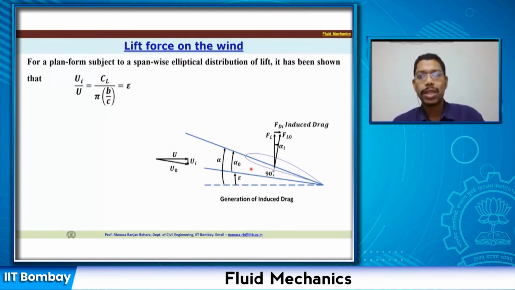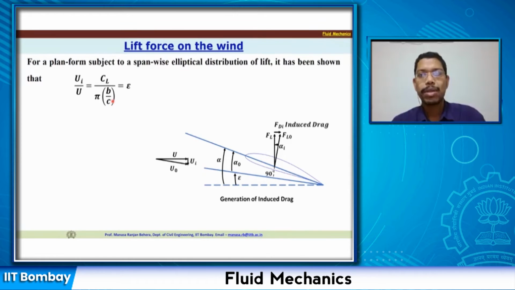So it can be shown that ui, the induced velocity component, is obtained as follows. Similarly, the free stream velocity can be resolved into two components, one in the horizontal direction and another in the vertical direction. The component in the vertical direction I can call ui. So ui divided by U is equal to CL divided by pi multiplied by b by c.